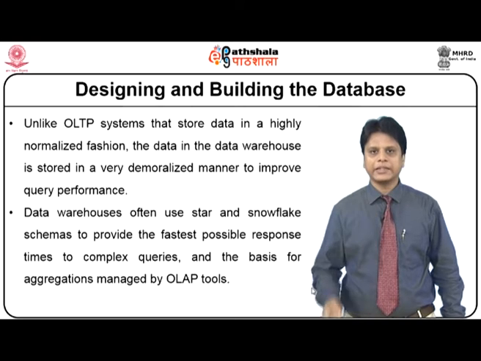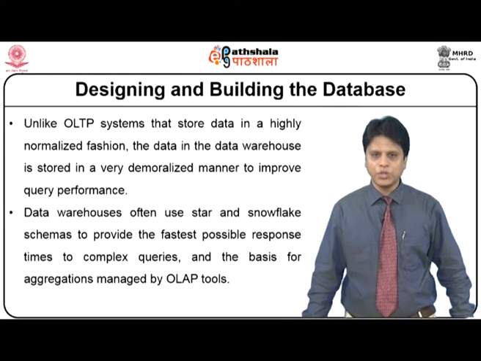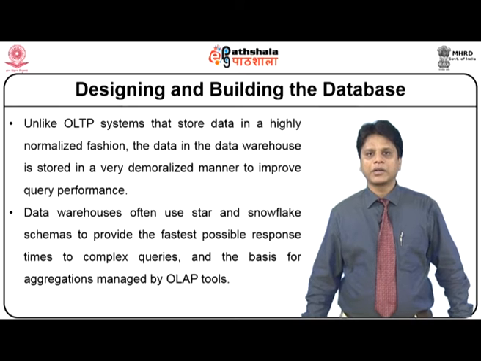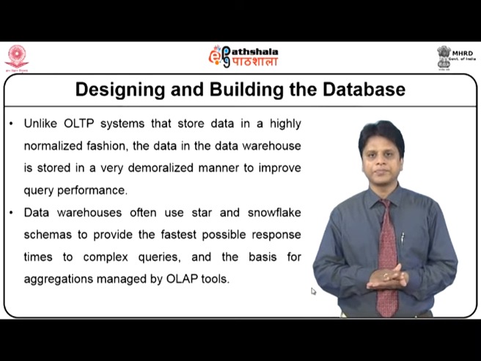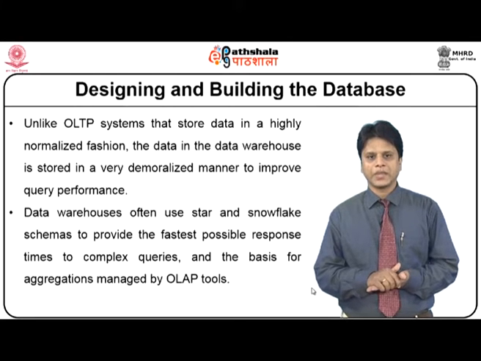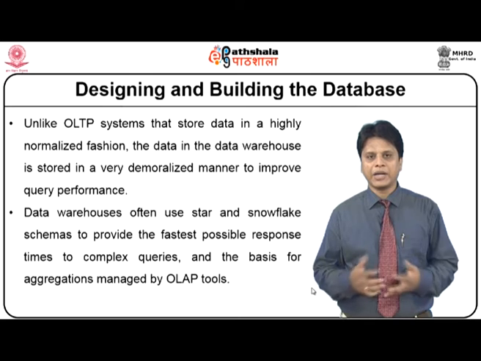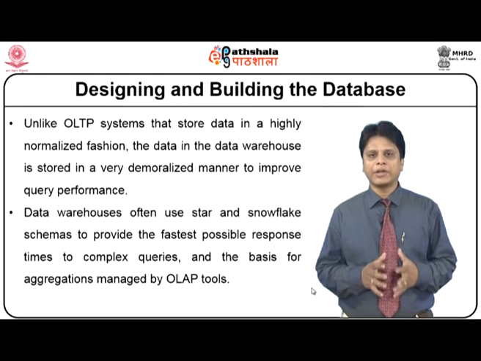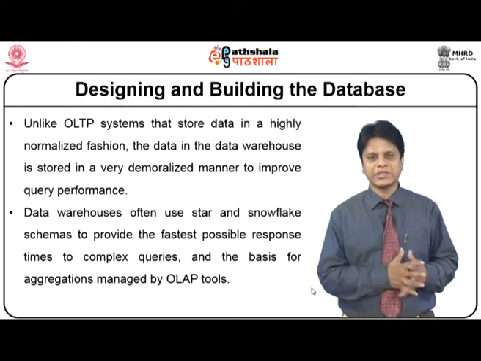So all the data need not be in a normalized fashion, it can be in a denormalized fashion also. But as I have already indicated, this stores snapshots of data wherein we need to have very good performance. So a data warehouse often uses different schemas, not like the one schema that has been used for operational data stores, where it was purely homogeneous in nature.